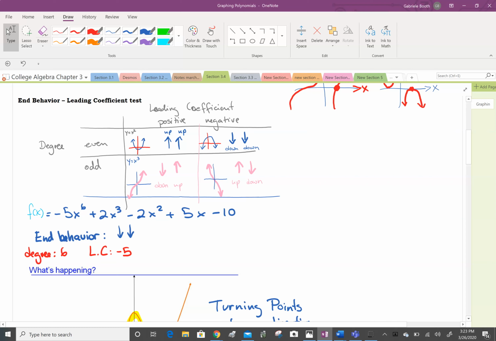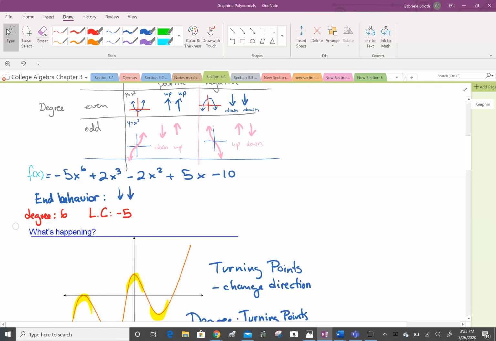If we have a negative leading coefficient, we go up towards positive infinity on the left-hand side and down towards negative infinity on the right-hand side. And when I say positive and negative infinity, I mean the y values.